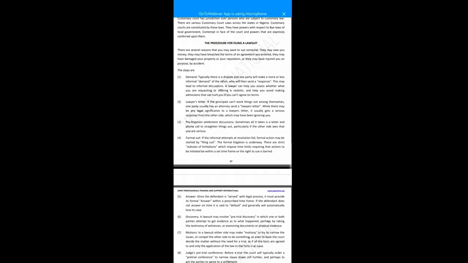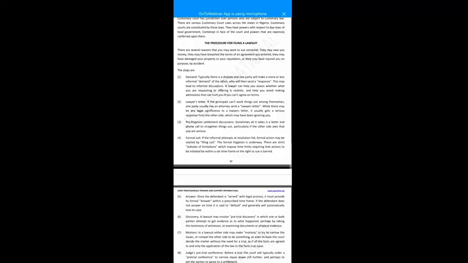There are strict statutes of limitations which impose time limits requiring that actions be initiated within a set time frame or the right to sue is barred. Now, the formal suit is filed if the informal attempt at resolution, that is the pre-litigation settlement discussion, fails.